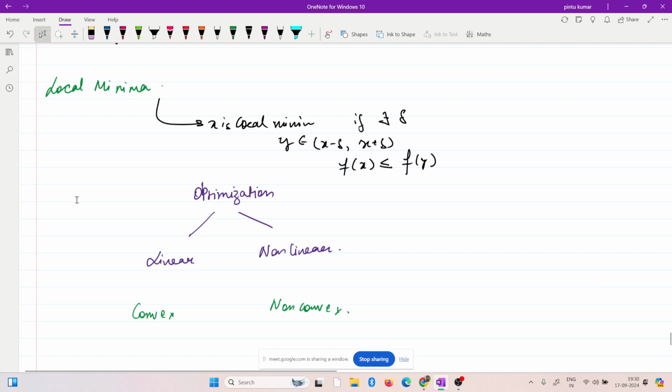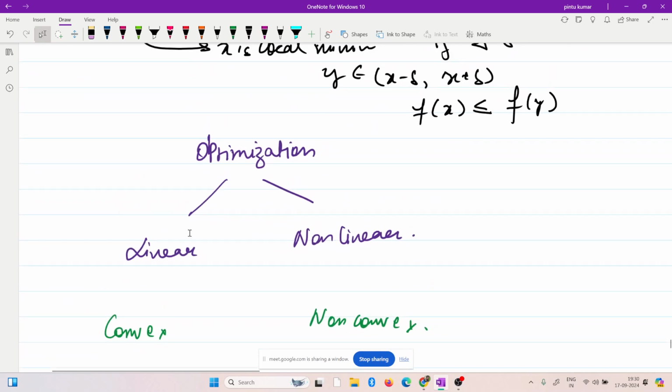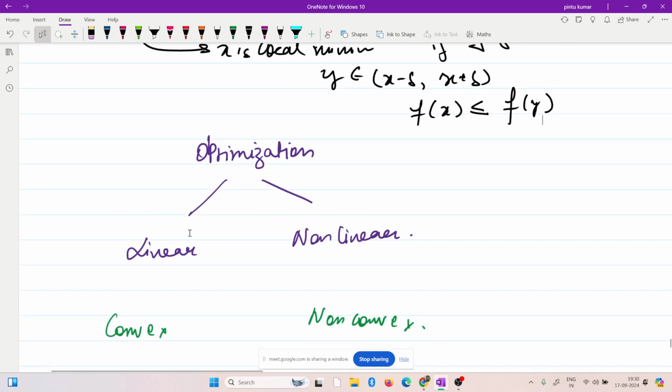As I said, this is just elementary things on optimization. If you want to bifurcate the complete area of optimization into broad categories, you can come up with 2 to 3 categories. One, you can categorize this on the basis of linearity.